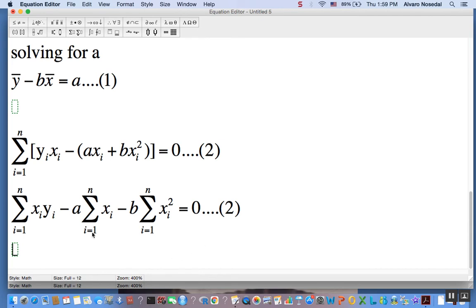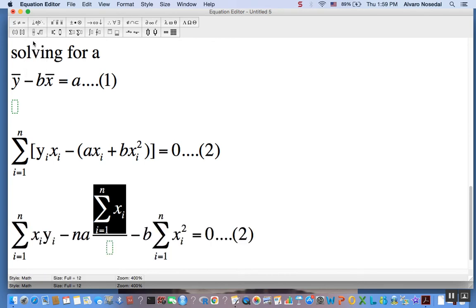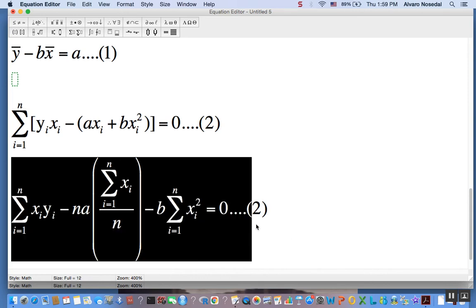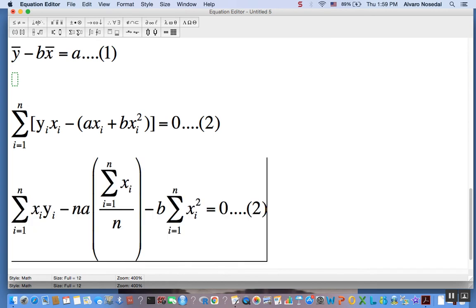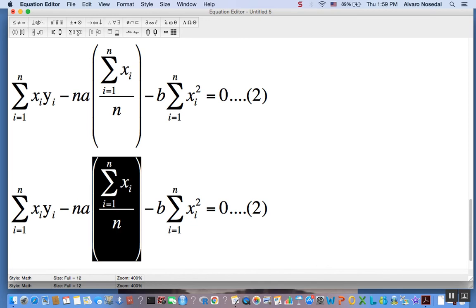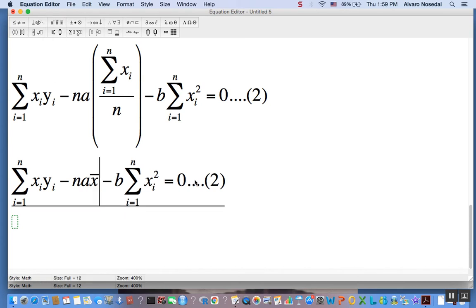Now note that we could multiply by an n here, and this guy here would now be x bar, right? So let me rewrite that equation like that. Now instead of this, let me just have an x bar. Okay.